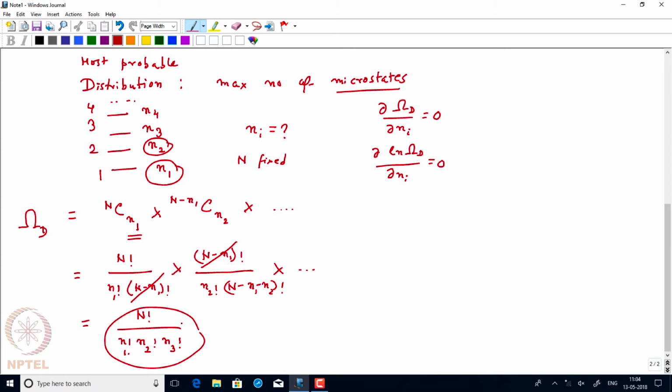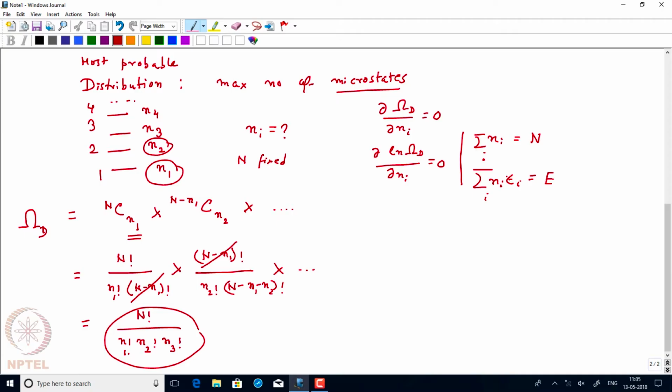And then you use Stirling approximation and many other things with the constraints. What are the constraints? My total number of particles is fixed, and also the total energy is fixed. For any differential equation with a constraint, if you have many variables, say a system of variables x1, x2, x3, in this case these variables are the number of particles per energy level, so the Ni I am varying.